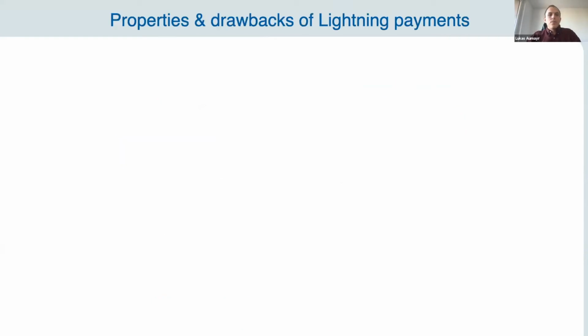All right, so now let me go over some of the other properties and drawbacks of Lightning payments. So one thing is the Lightning Network actually is a solution to the scalability issue that I described in the beginning of the talk. Lightning payments also achieve balance security, which means that honest users that participate in the payment cannot lose coins.